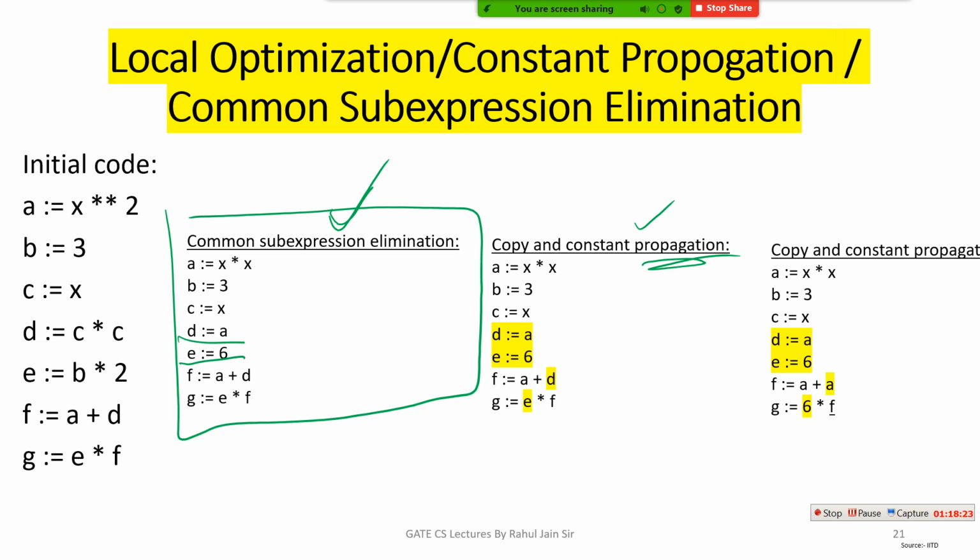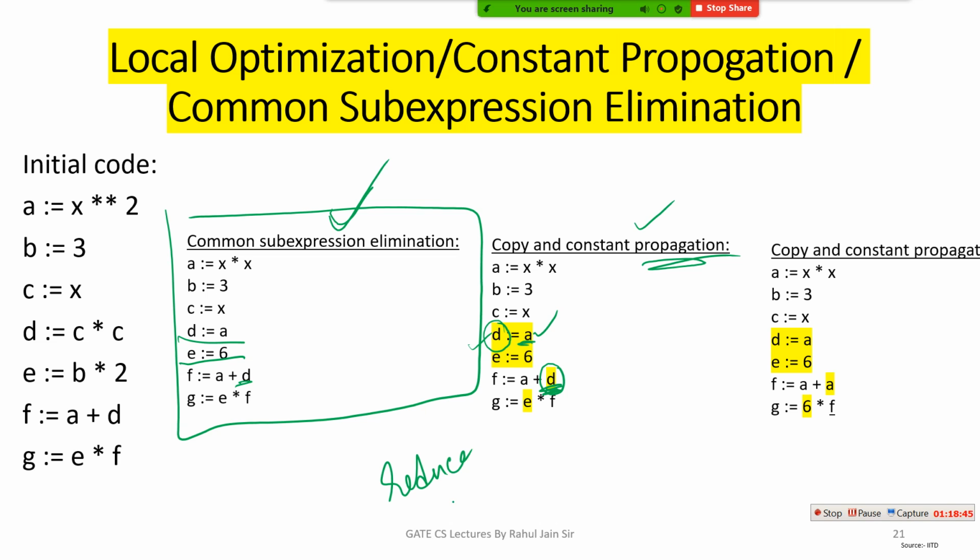So you can see here that I have a plus d here, a plus d. So I can replace this d with this a, because whatever is on the right hand side, d is holding the value of that. So I can directly replace this d with a, no need to take the further value of d, because my goal is to reduce. What is my aim?